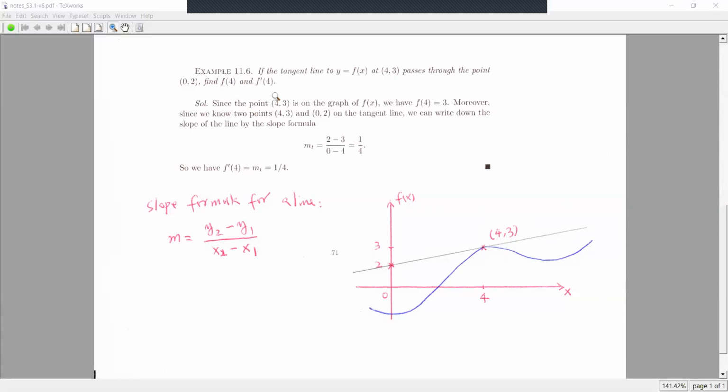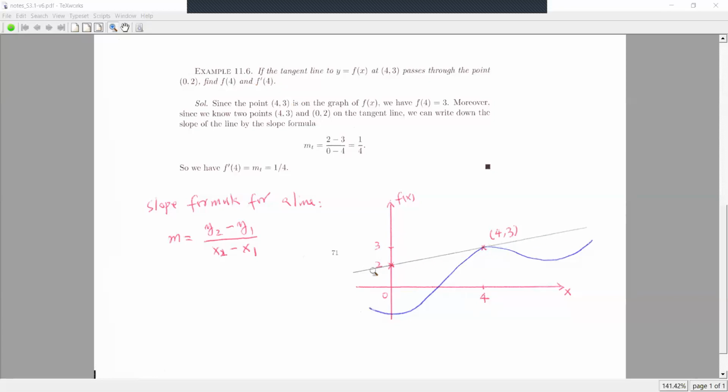Now, we turn to determine the derivative f'(4). By fact number 1, it is the slope of the tangent line at the point 4. That is, this is the slope of this tangent line.